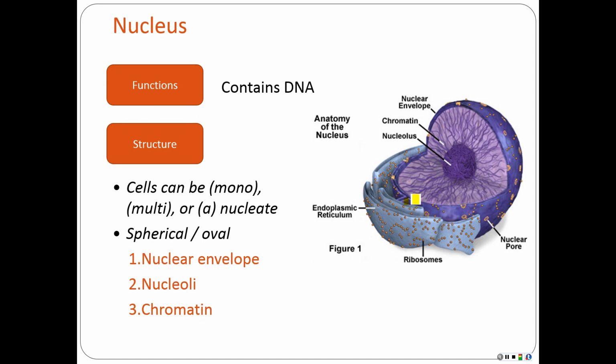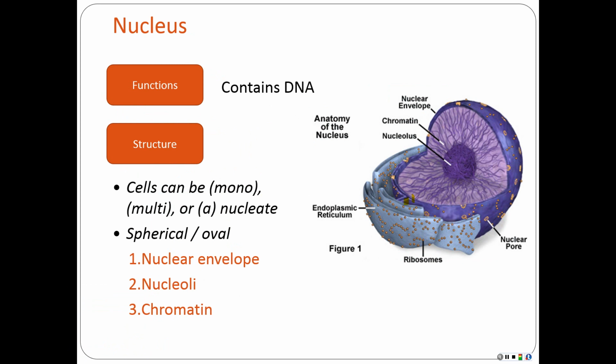One, and then right next to it, you can see really closely a second membrane around it. So not only does the nucleus have a membrane around it, it actually has 2 membranes around it. So the nuclear envelope is double membrane.